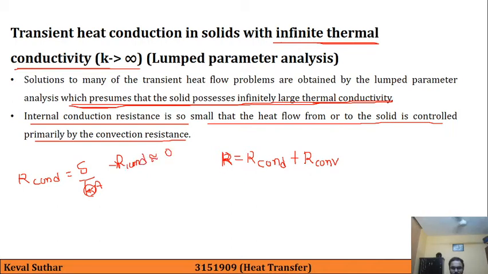So the whole resistance is through only R convection. So that is the meaning of this statement, that internal conduction resistance is so small that the heat flow from or to the solid is controlled primarily by convection resistance.